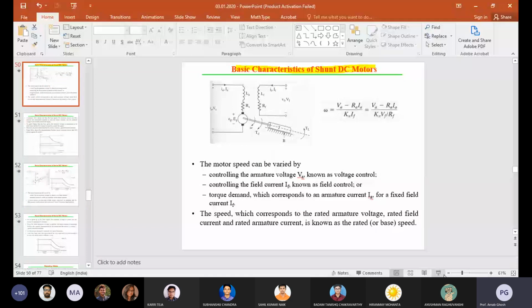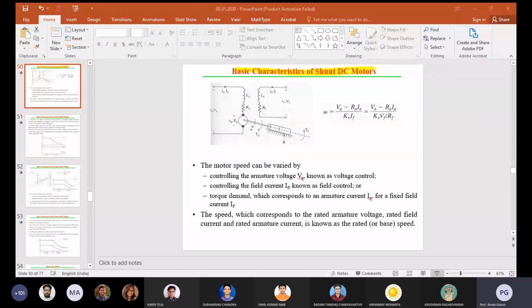Now we are here for the basic characteristics of the shunt motor. We can see the diagram of the shunt motor. The field is separate. Shunt motor means a common terminal will be there, and from the common terminal the field is excited as well as your armature.